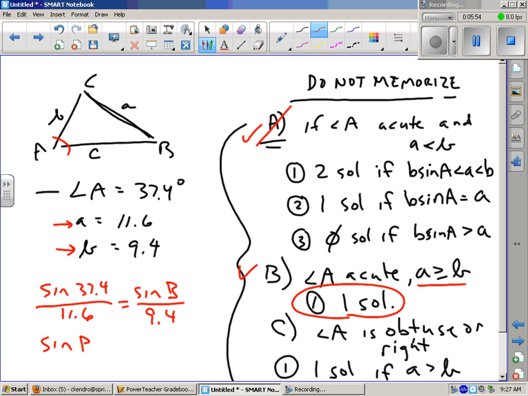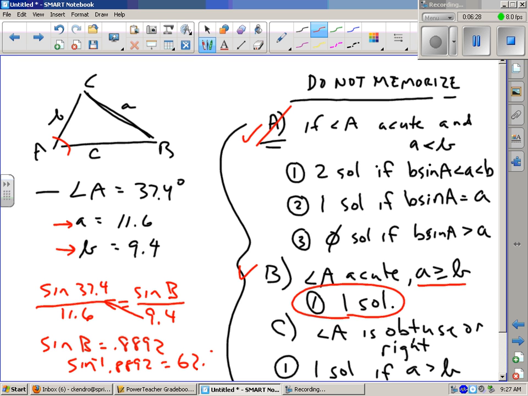So that gets us the sine of B equaling 0.8892. You just cross multiply here and divide by 11.6. And then you have to do inverse sine to get angle B. So I get inverse sine of 0.8892, and I get it to be about 62.8. No, back up.